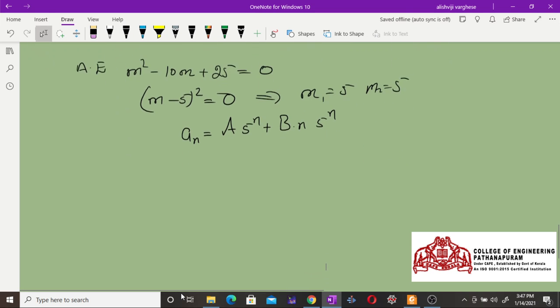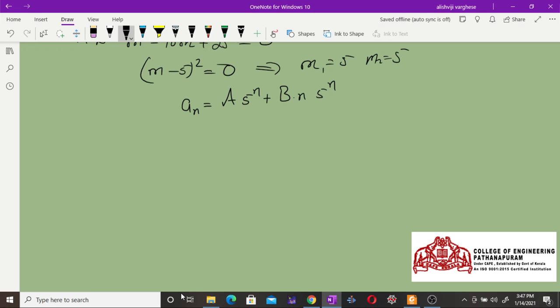And by substituting n is equal to 0 or using the initial condition, when n is equal to 0, we have a into 5 raised to 0, that is 1, plus b into 0 into 5 raised to 0, and the value is equal to 3.